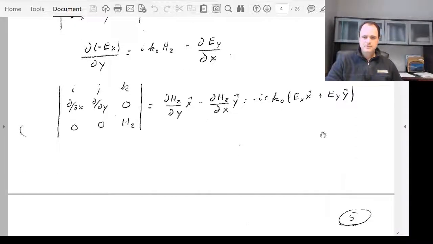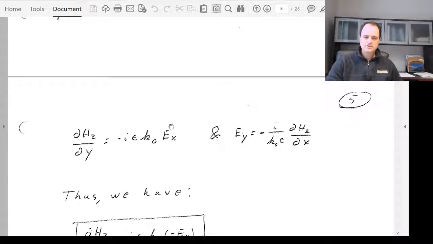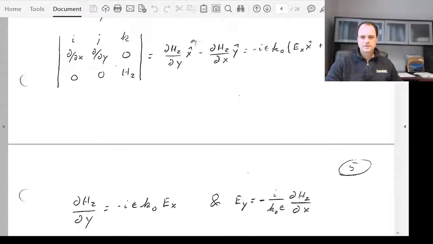So from this relation here, you get two things. You get this partial with respect to Y of H sub z equal to minus i epsilon k naught E of x. And then you can also solve for E of y is equal to this. All right. And both of those come from this equation by equating the x components for one equation, the y components for the other.